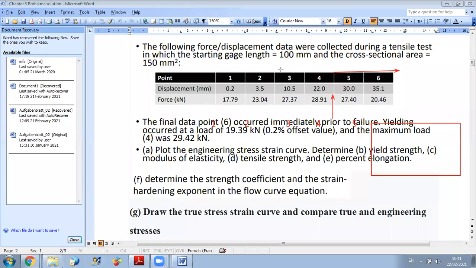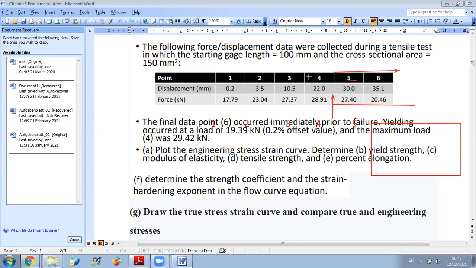Even though the force is 27, which is less than 29, it's considered in the necking. I said that because the force is less than the maximum, it's in necking, right? If the force is less than the maximum, doesn't that mean we are in necking? Yes, exactly. After the maximum point, once necking starts the force decreases. Once the force starts to decrease, we have entered the necking part. And in the necking part, the flow curve and the true curve no longer separate. Okay? So you cannot say that 0.5 is in the strain hardening zone. 0.5 is in the necking zone.